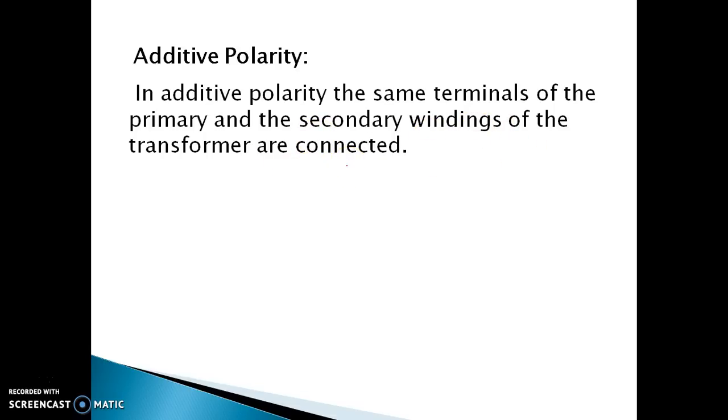Let's see one simple example of additive polarity. There is a circuit where two voltage sources are connected in series with one voltmeter. Let's consider the first voltage source having a value of 5 volt and the second voltage source having a value of 5 volt. As per the basics, we know the direction of the voltage source. That is, this one is the negative terminal, this one is the positive, this one is the negative and this one is the positive terminal.